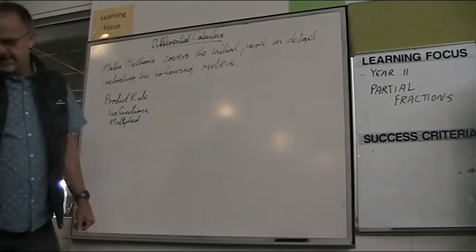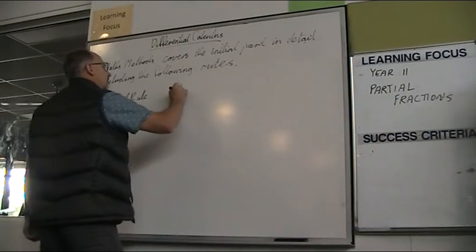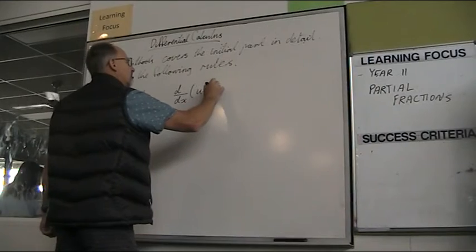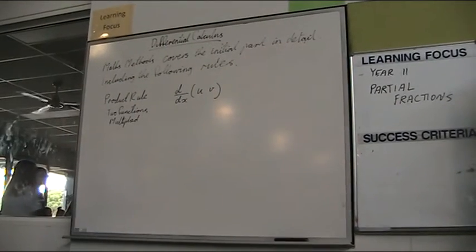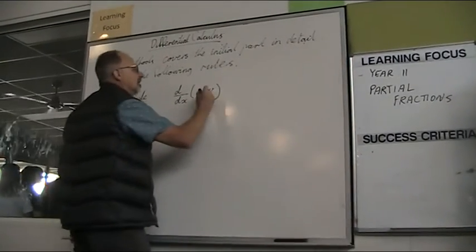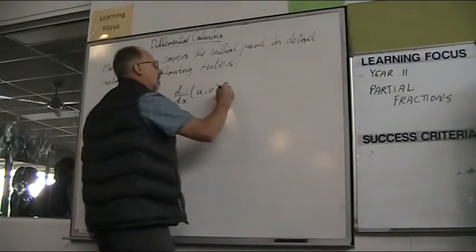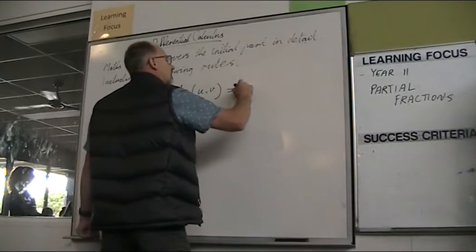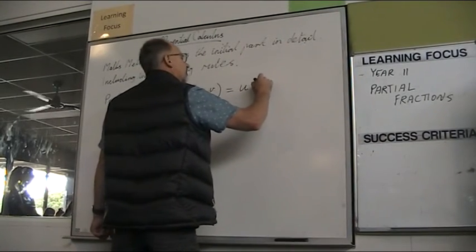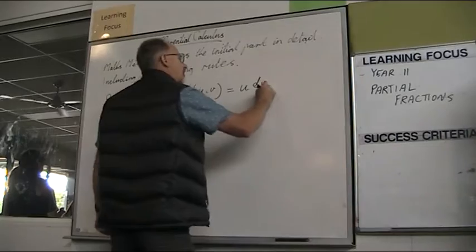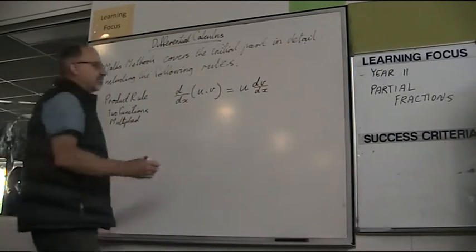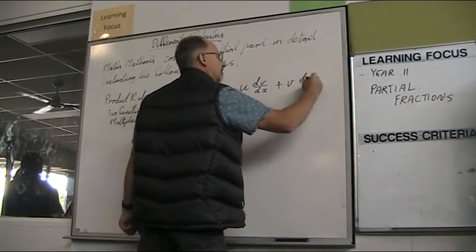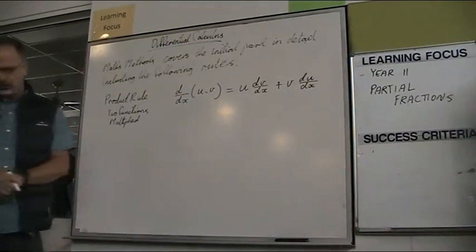The product rule says this: the derivative with respect to x of u times v, so u and v are our two functions that we're multiplying together, is function u times the derivative of function v plus function v times the derivative of function u.